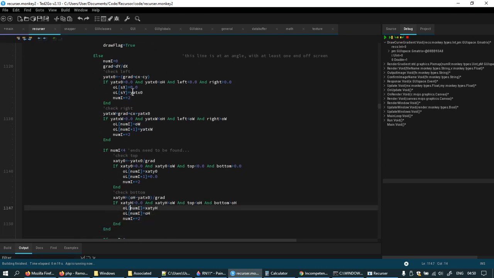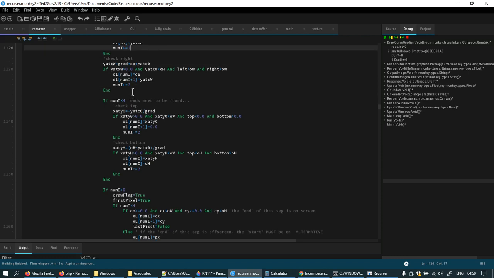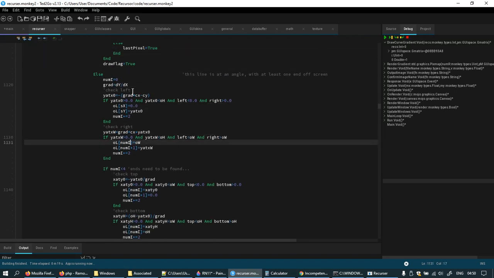It checked the top and the bottom and got the sum wrong. Ends need to be found. It had checked the left and right, and I presume got it right. Although when I think about it, I think there were some situations left to right I didn't check. But here, I really don't like that actually, now that I think about it.